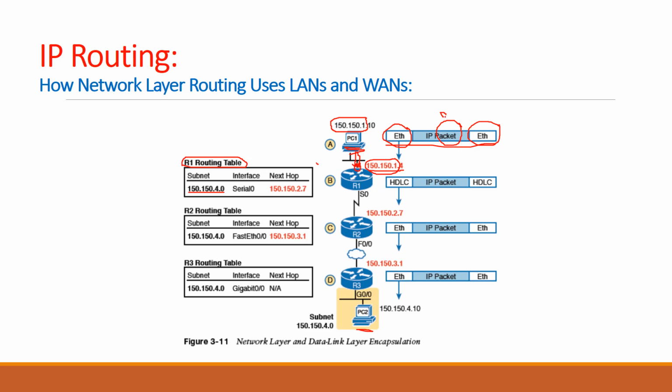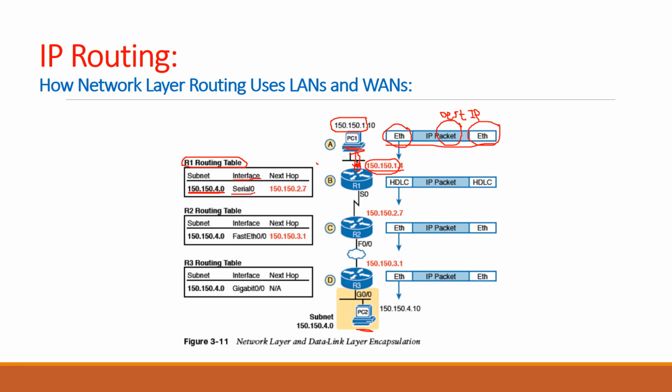This is the destination IP address in the IP packet, and it finds a matching entry for this subnet inside its IP routing table. Once it finds an entry, the entry has another field which defines which outgoing interface the router should send the frame out of.